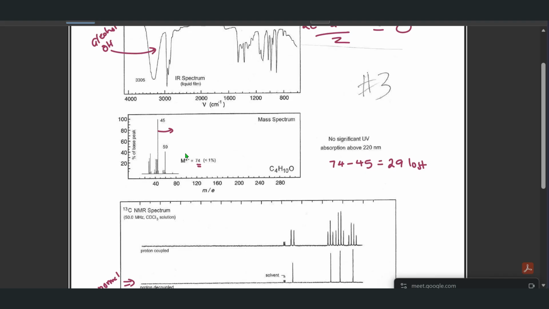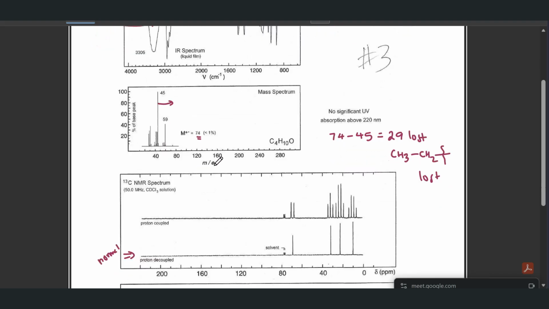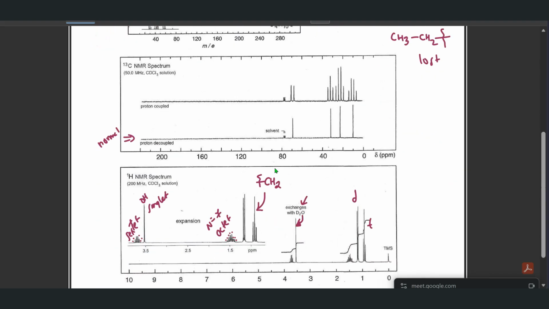Yeah. And that is CH3, CH2 lost. So you have this fragment. So that tells me that you should be right to say that you have a CH3 next to a CH2. Okay. Just based on the fragment lost. So you see, mass spec can help you out.